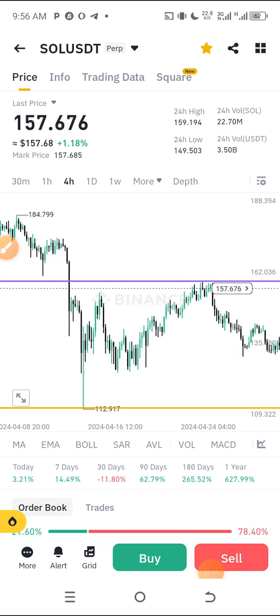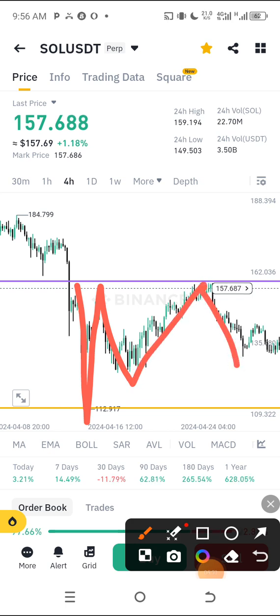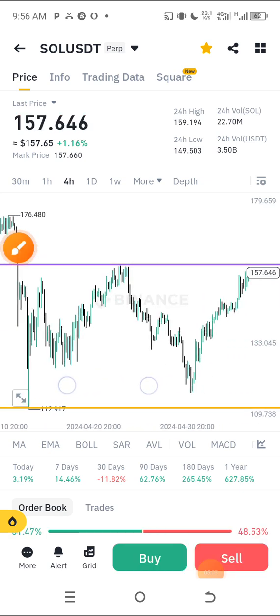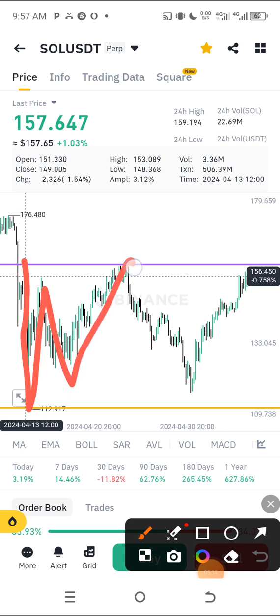You can see that price came down here, and then it moved up, came down, moved up, came to this place. All right, so price moved down here, came up, moved down, moved up, came down, and then moved up.